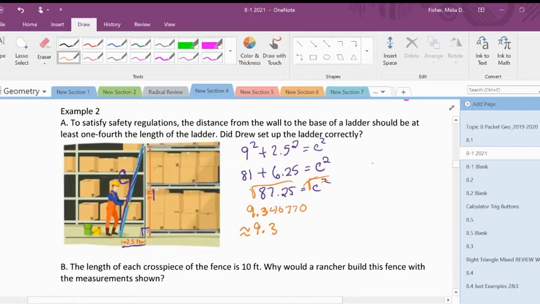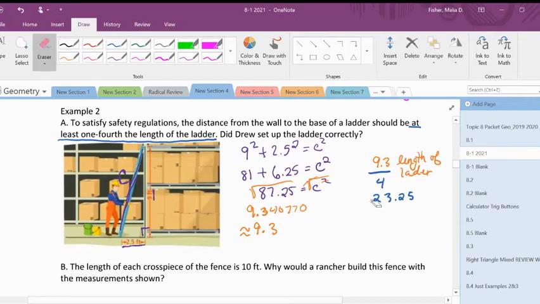So now we take 9.3 being the length of the ladder, and we can divide that by 4 because it said we need it to be at least 1/4 the length of the ladder. So 1/4 of that length of the ladder gives us 23.25.